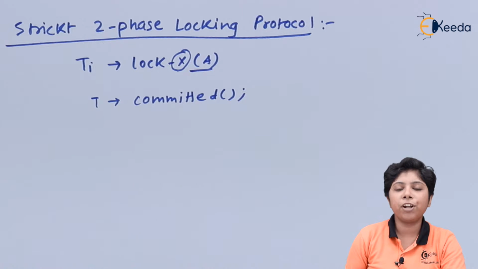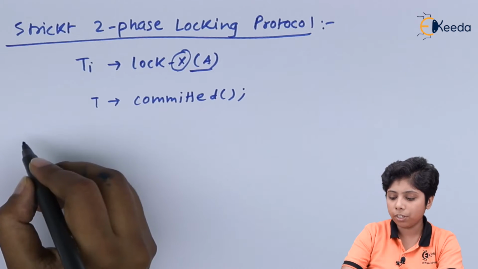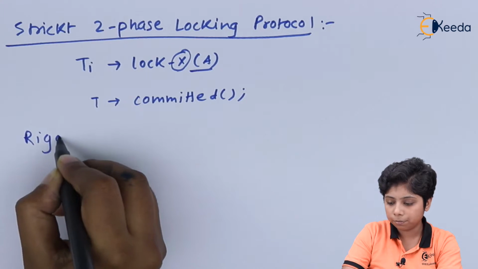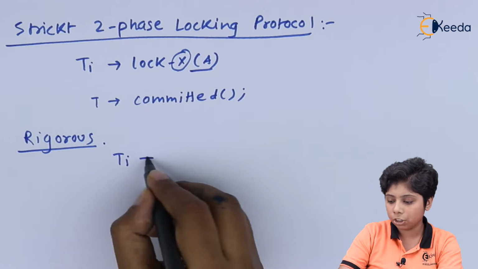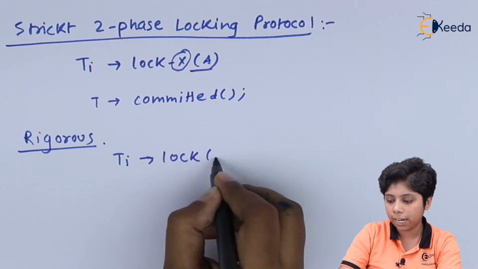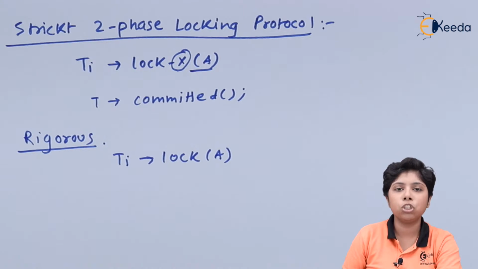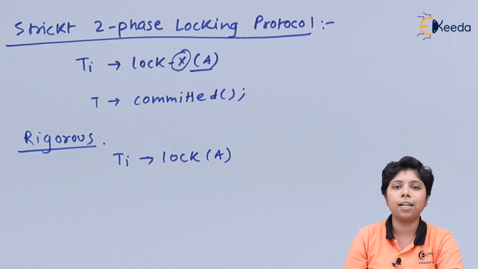Now there is another variation to our two-phase transaction protocol, that is the rigorous one. When we talk about the rigorous one, we are saying that if a transaction has any lock on a data item A, then it will not release the lock until and unless the transaction has been committed.